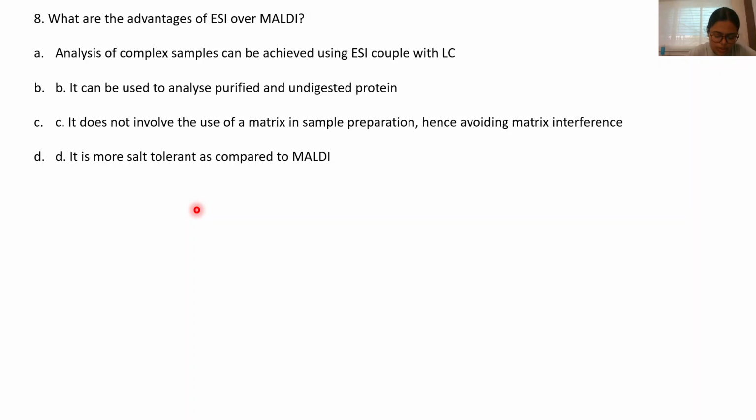So it can detect high molecular weight in comparison to MALDI, but that is in comparison, not in general. I hope your doubt is clear. Otherwise, you cannot directly inject any protein into mass spectrometry.